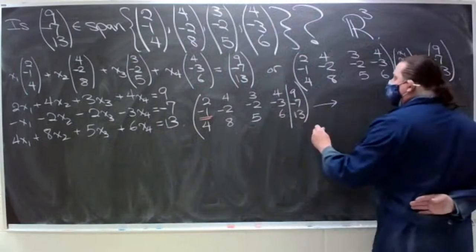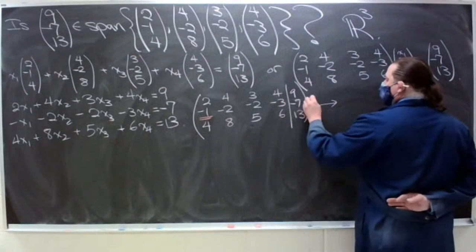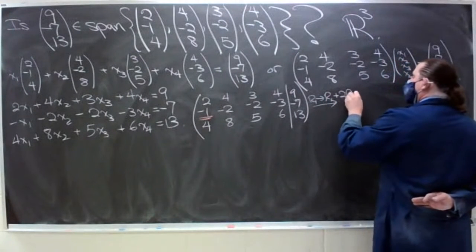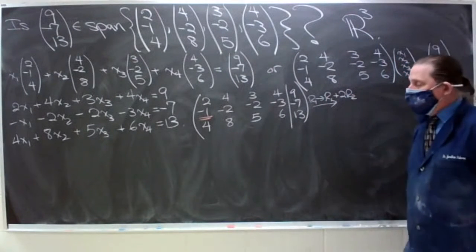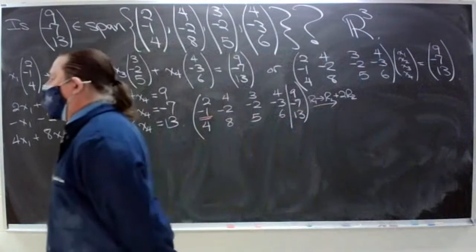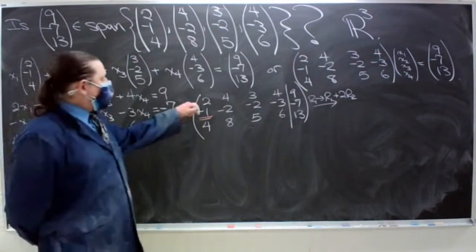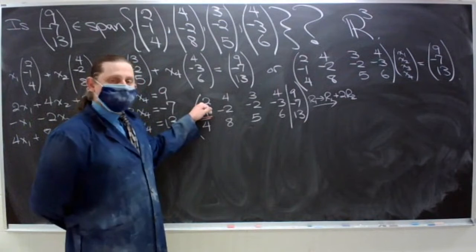So in my augmented matrix, I could replace row 1 with row 1 plus 2 times row 2. In doing so, this 2 will become 0.